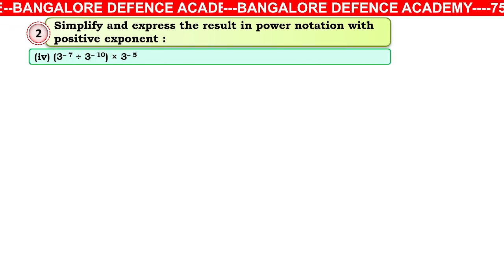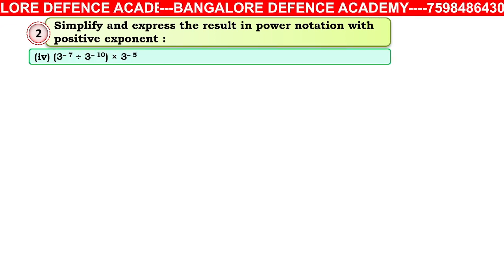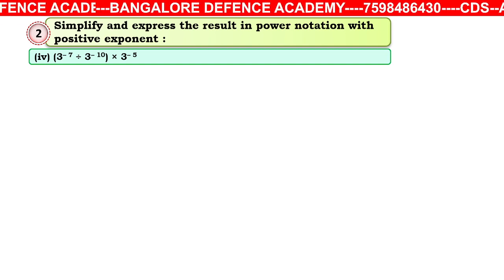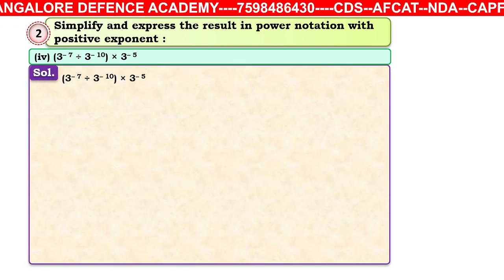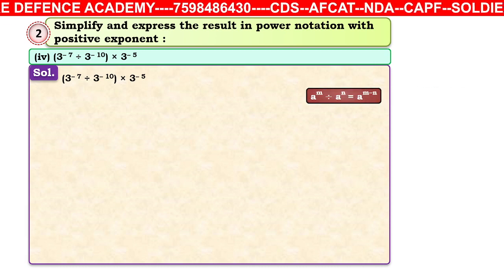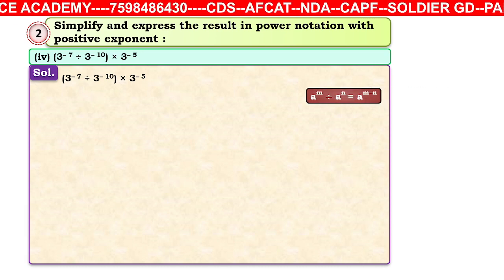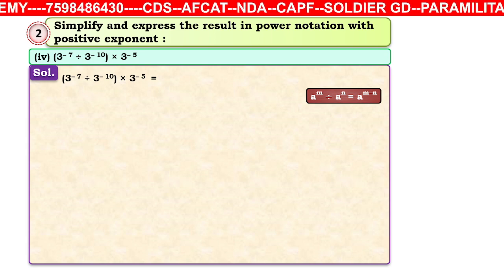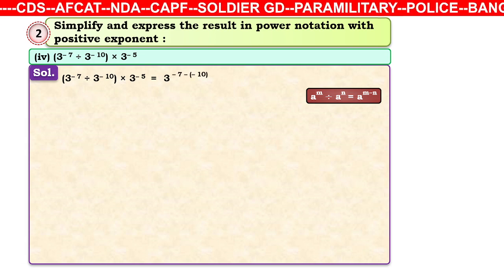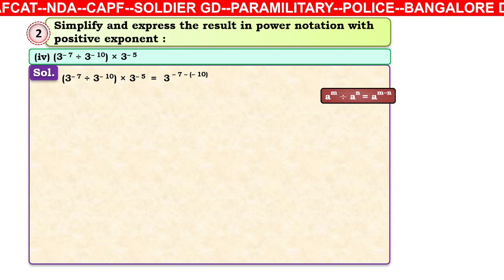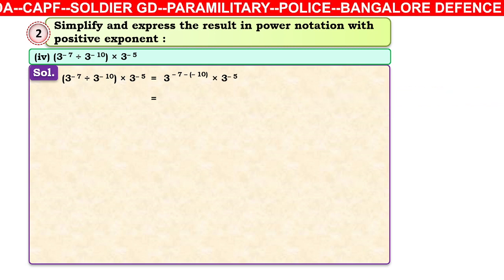Next, 3 to the power of minus 7 divided by 3 to the power of minus 10, into bracket 3 to the power of minus 5. So here we have the first division. First we have to solve the bracket. Okay, so here you have a to the power of m division form. So you are going to subtract. So what happens here? Minus 7 minus of minus 10, that gives me minus 7 plus 10, that gives me plus 3.